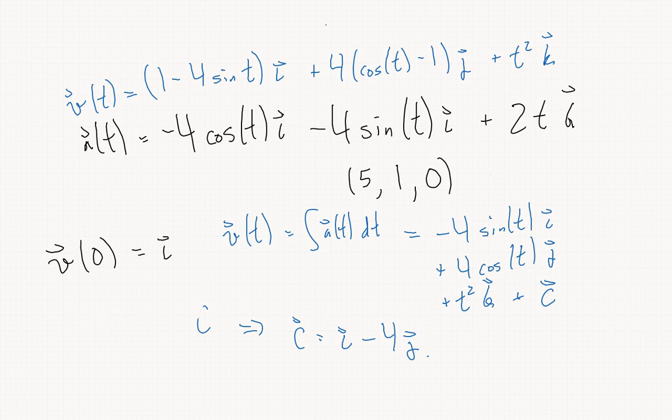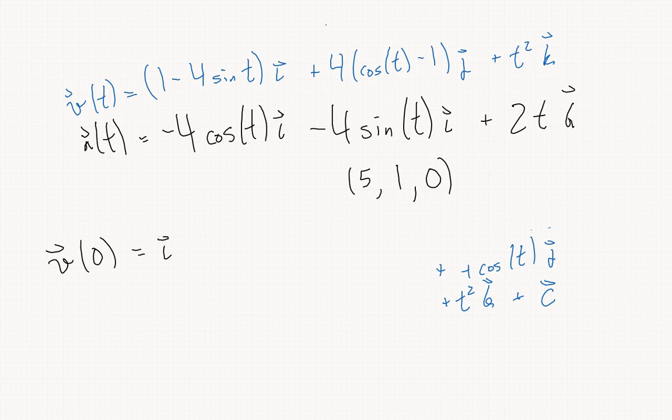Okay, so from there, we need to find the position at any given point in time. So now the position r of t will be the integral of v of t.